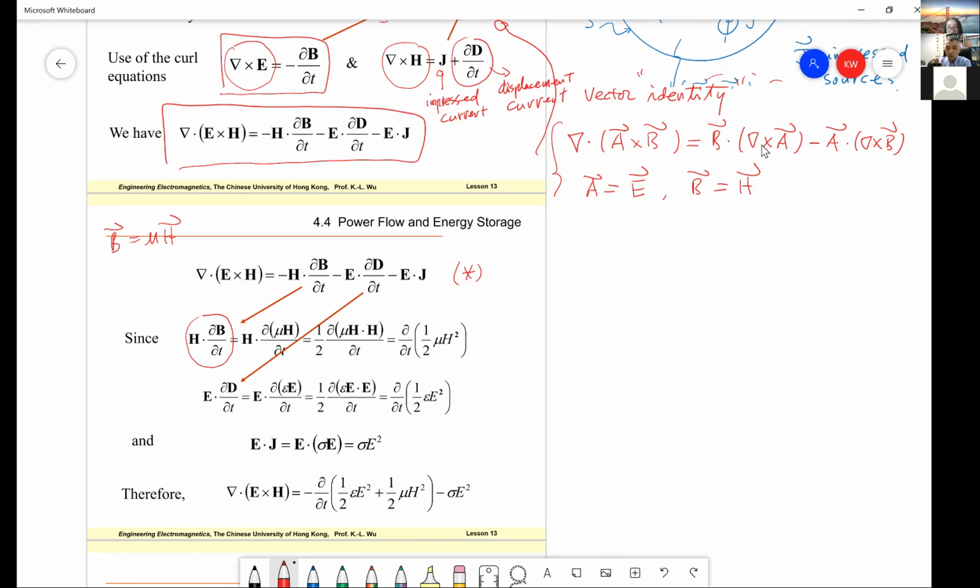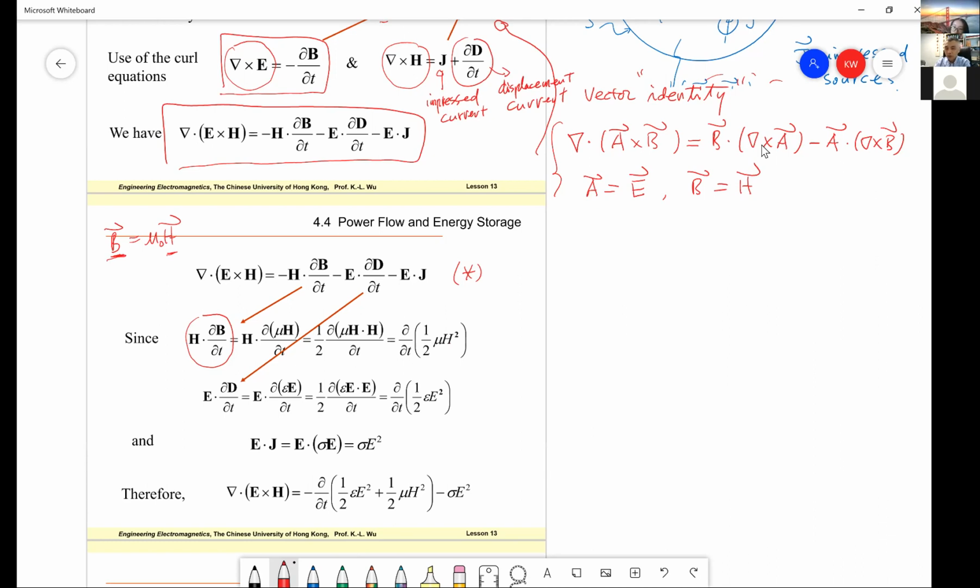B we call magnetic flux density, and H is magnetic field intensity. Let's consider free space. In free space, B and H are related by the permeability in free space, which is a physical constant, right?